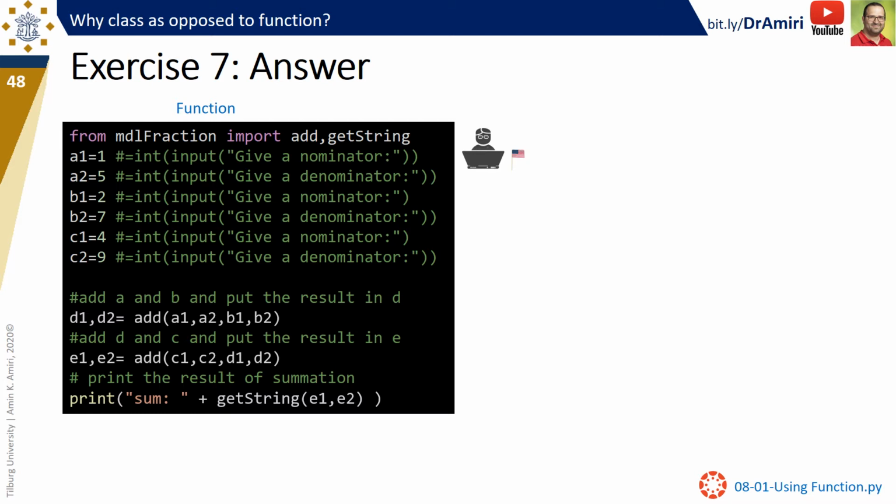And then you add d to c and store it in the fraction e. And afterwards, you use the function getString to print the summation of all the three fractions, the end result in the format that is expected from you.